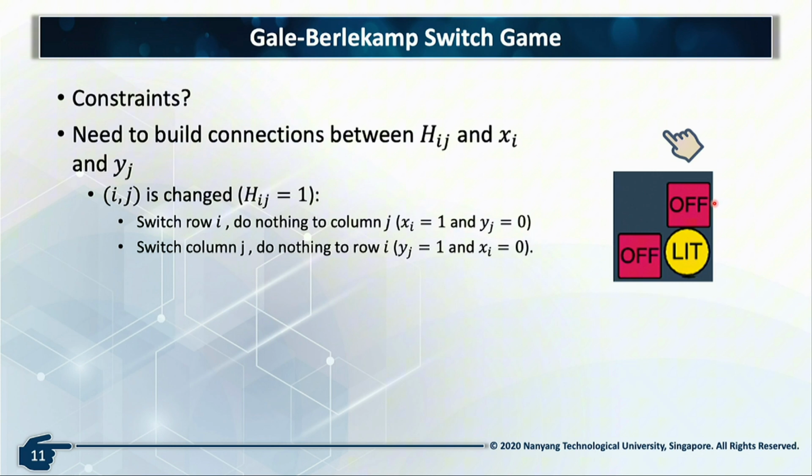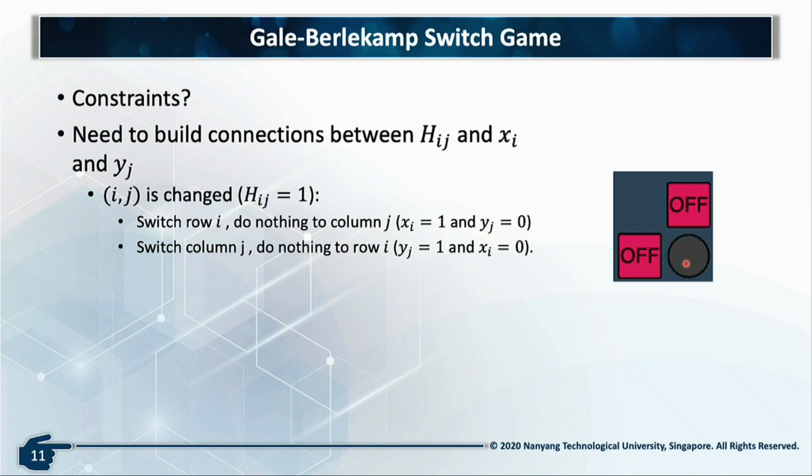Alternatively, you can also decide to switch column J, but do nothing to row I. This action will also change the status of the light in this cell from off to on. Right? Very good.